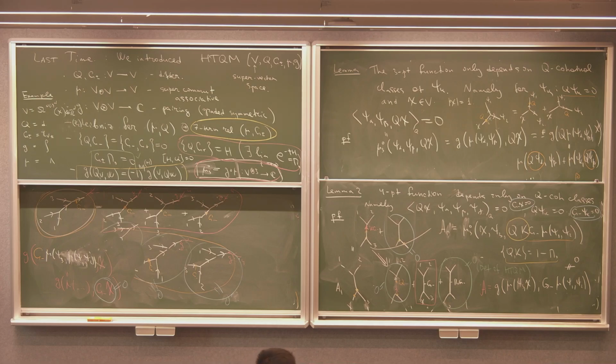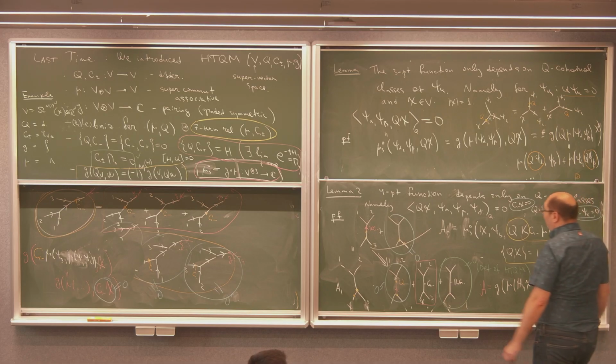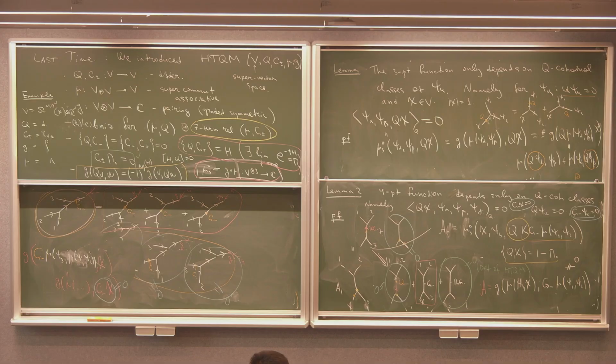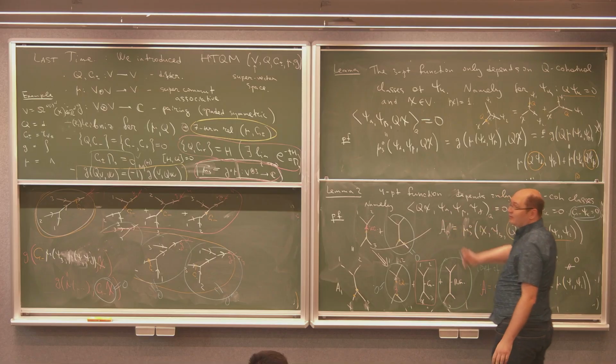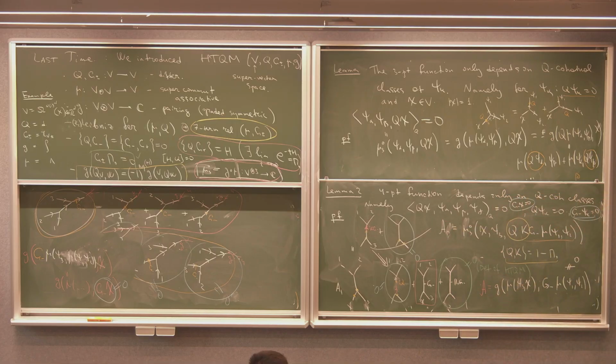And it turns out that we can realize holomorphic functions as a certain Q cohomology on these differential forms. And then to get from correlation functions in HTQM to correlation functions on the Landau-Ginzburg side of the theory, we will need to choose some special representatives for cohomology classes that are essentially holomorphic functions of some space.